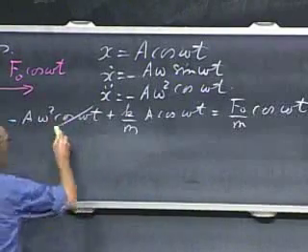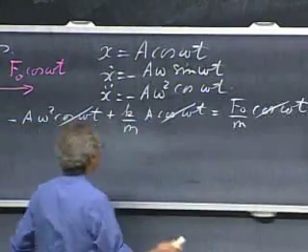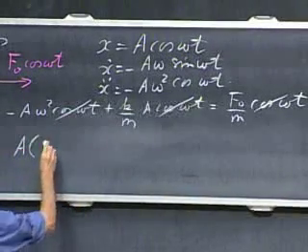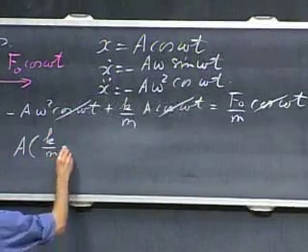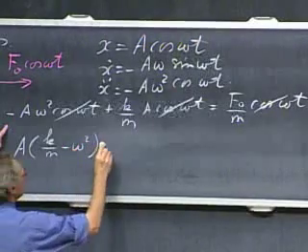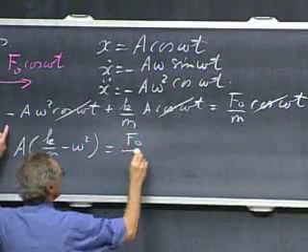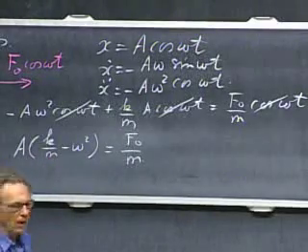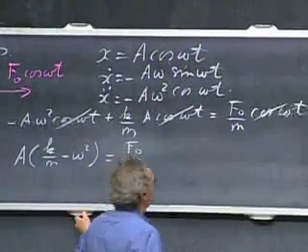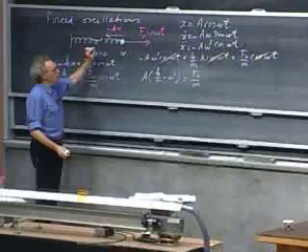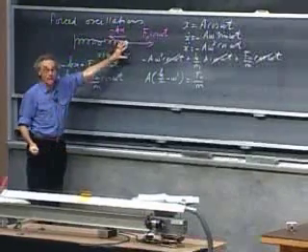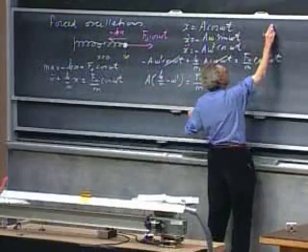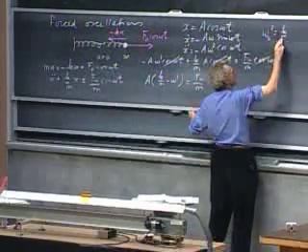So therefore, I can divide out my cosine omega t. I can bring the A's together. So I get A times k over m minus omega squared equals F0 divided by m. Now this k over m is something that we are familiar with. If we let this system do its own thing, we bring it away from equilibrium and we don't drive it, then we know that omega squared, which I will give a 0, equals k over m.